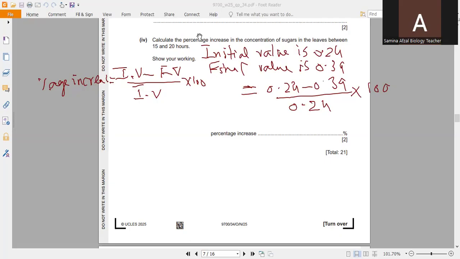So it is equal to 62.5%. You can calculate it by yourself.